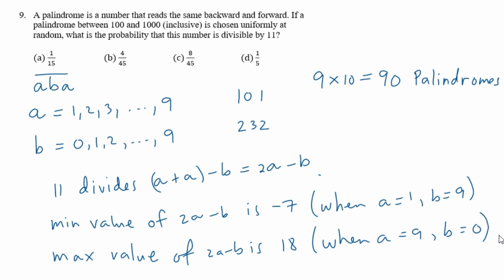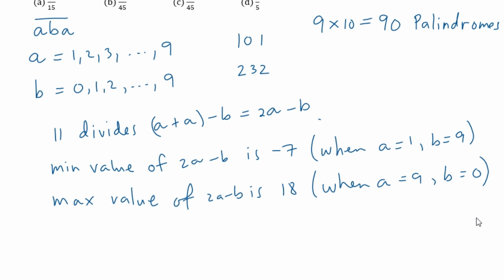This implies that 2A minus B is divisible by 11 if it's equal to either 0 or 11. So you just need to check for which values of A and B 2A minus B is equal to 0 or 11, since only 0 and 11 are the only values between negative 7 and 18 which are divisible by 11.